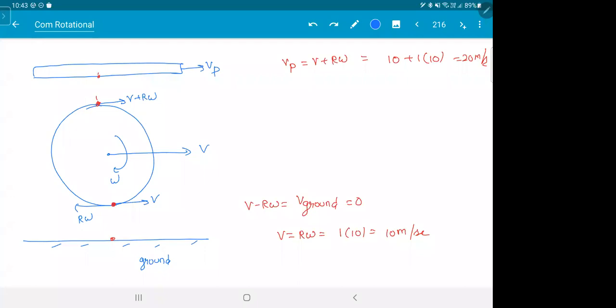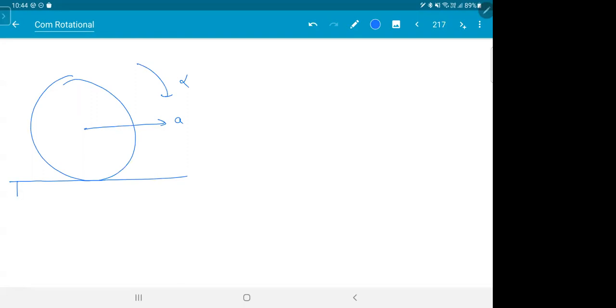Clear? Next one. Turn the page. Now you can do the same thing with acceleration also. Suppose the cylinder is going with alpha, it's on a plank AP.